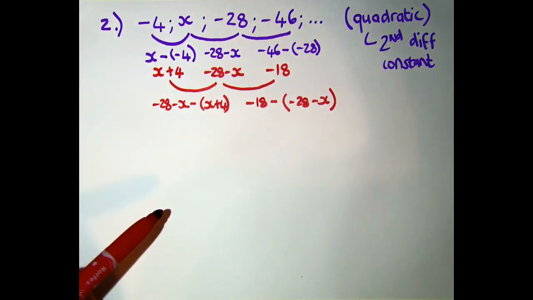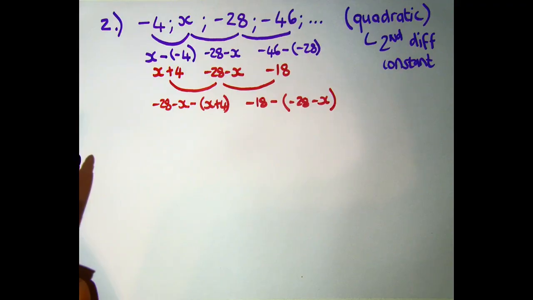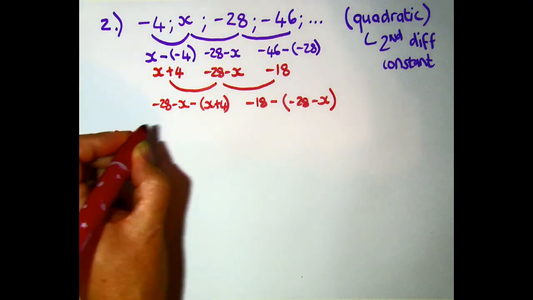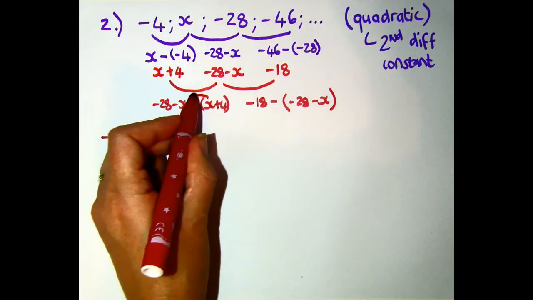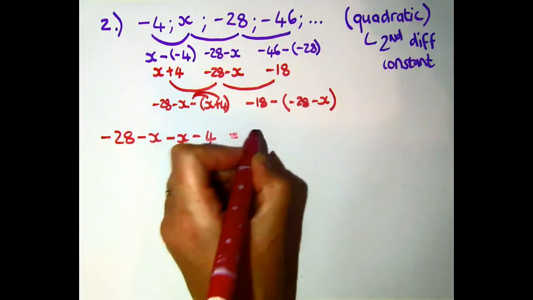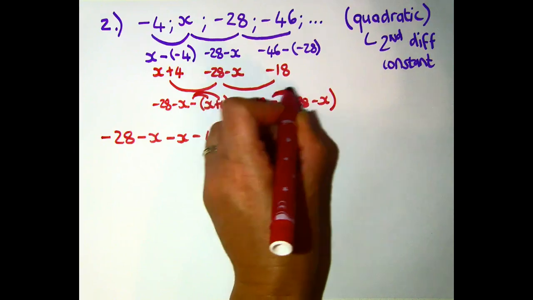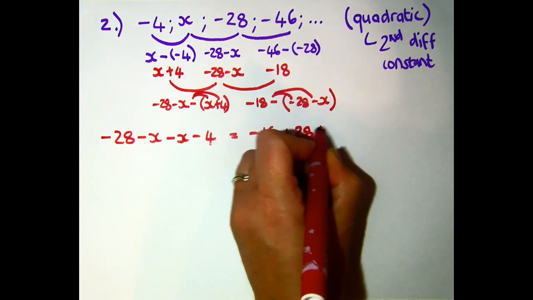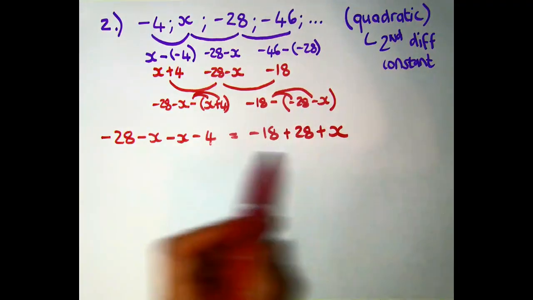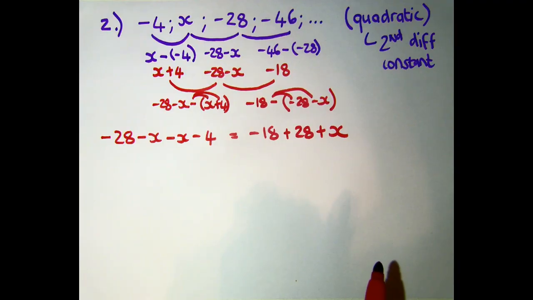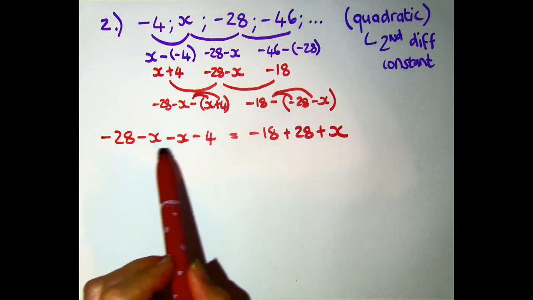This thing here equals that thing there. So I can set up an equation and solve it, because they told me it's quadratic, which means the second differences are constant. So setting up that equation here, I'm going to multiply things in. I'm going to multiply in that negative, and I'm going to multiply in that negative, which obviously changes those signs. Now I have a linear equation, and I'm solving for x. Collecting my like terms, I'm going to put my x's all on the left-hand side.